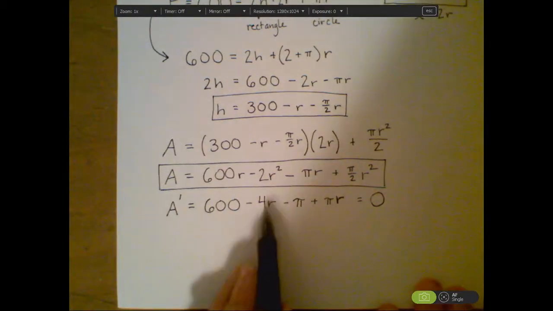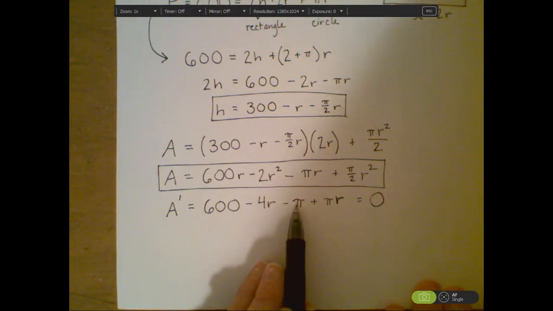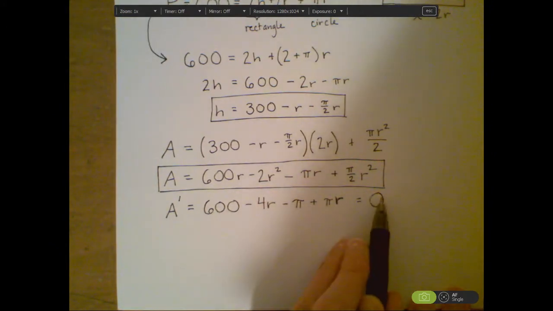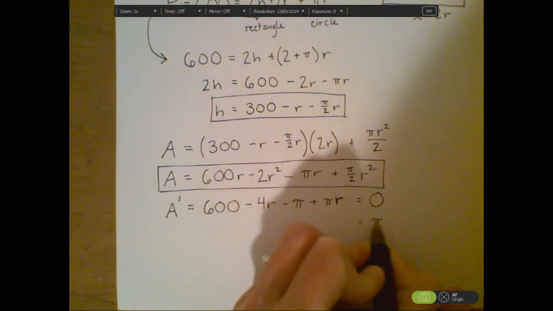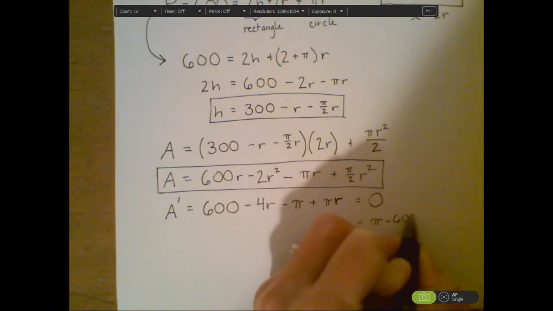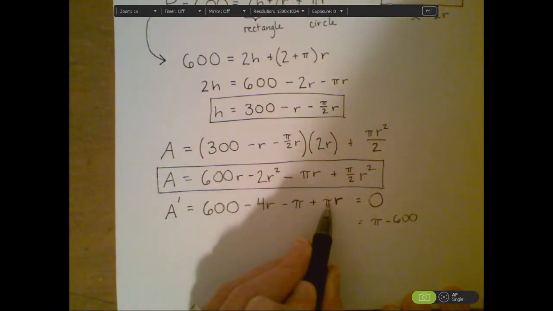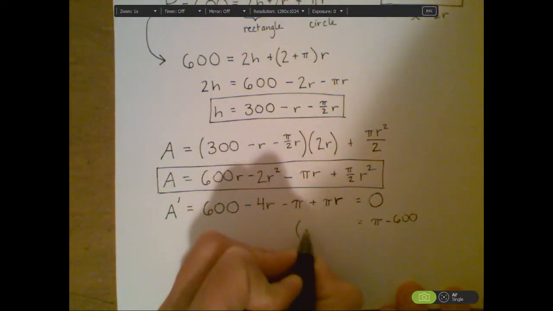I'm going to combine my r terms and I'm going to move my non-r terms to the other side of the function. So I'm going to add pi to this side and subtract 600. So I get pi minus 600. And I'm going to factor out a pi minus 4. Those are the coefficients on my r here.